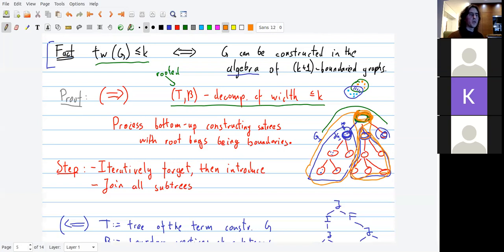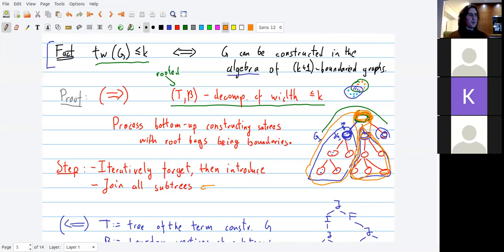Once I did this, I can just join all of them because now the boundaries are the same, with the obvious bijection. So I just join all the subtrees one by one. Because the join operation is binary, I can join them in any order.